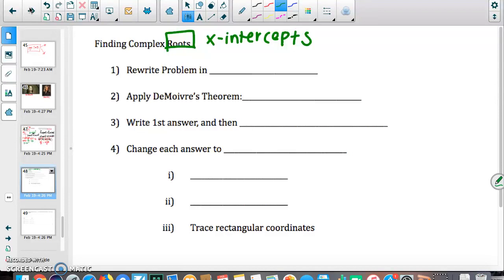So let's get started here. A lot of the properties that we learned yesterday will apply again today. So for example, the first step is always going to rewrite the problem in polar. So that means r's and thetas, not x's and y's.